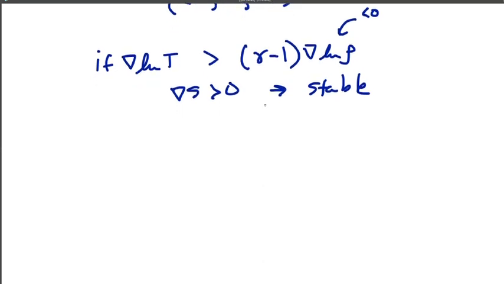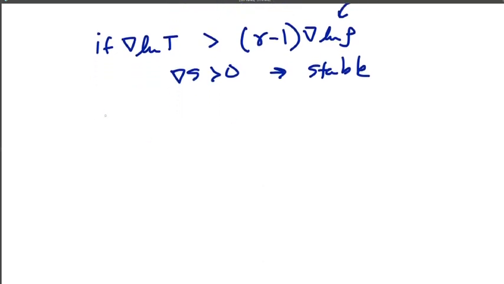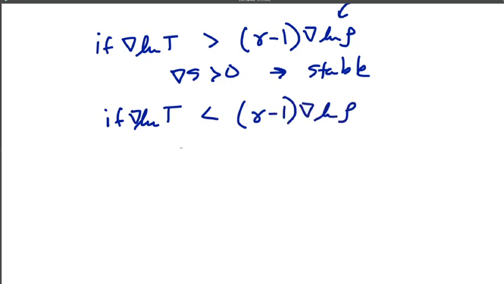If the converse is true, if grad log T is less than gamma minus 1 times grad log rho, then grad S will be less than 0, and this is convectively unstable. So this is unstable, and there's convection.